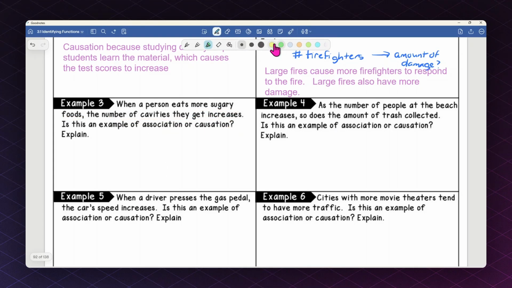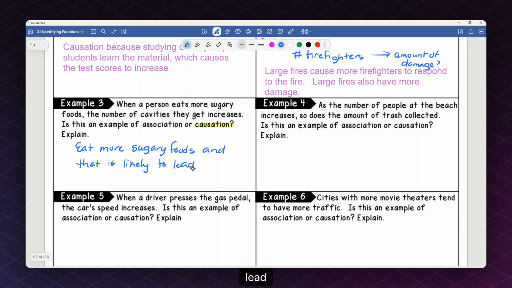And this is clearly causation, because you eat more sugary foods, and that is likely to lead to more cavities.